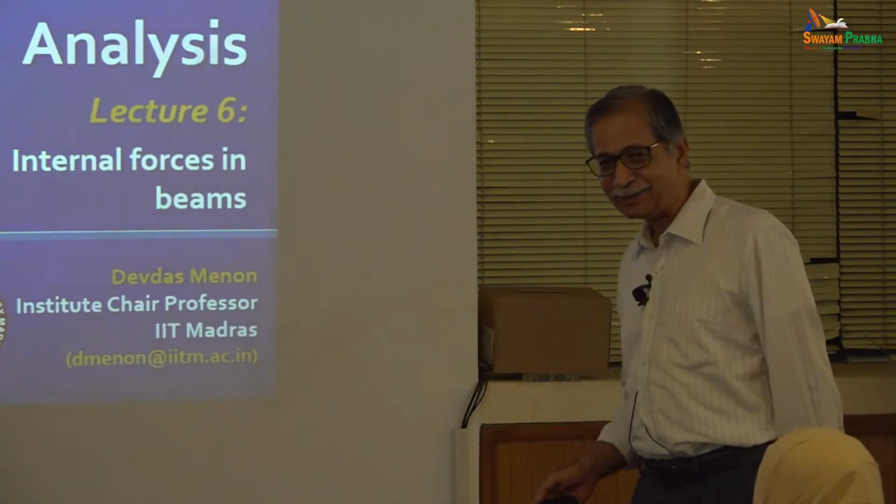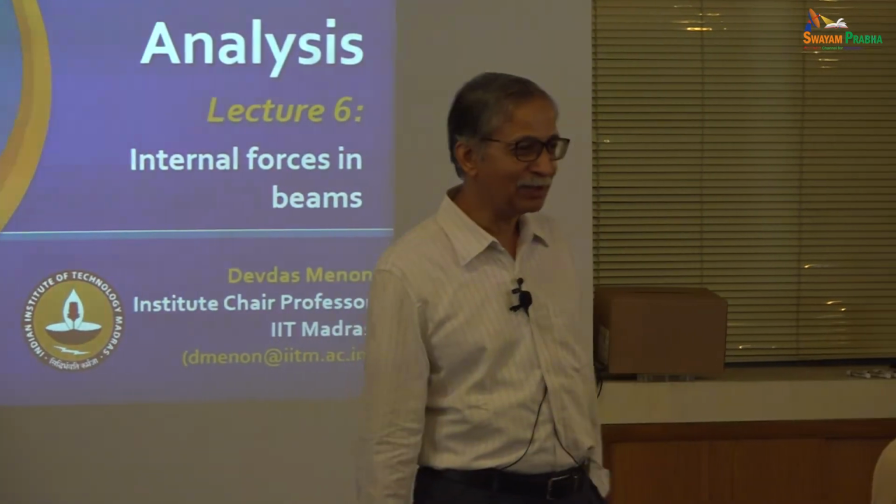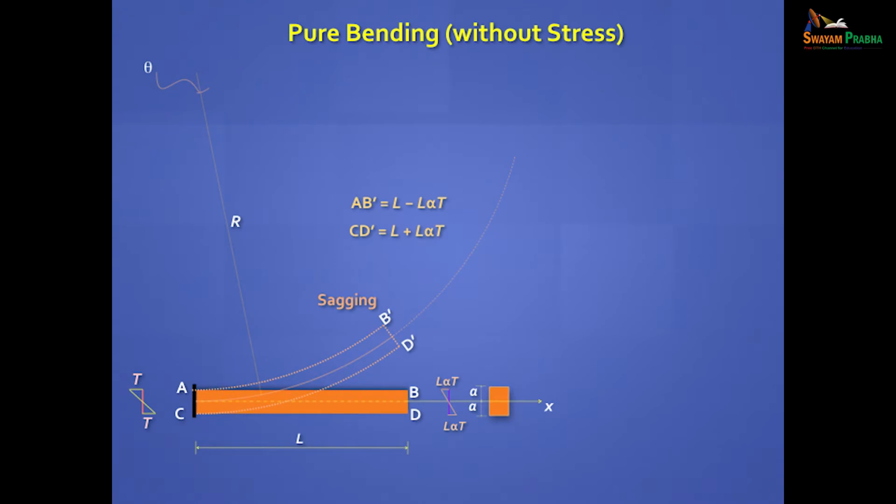Remember, we asked a question at the end of the last class, and I hope some of you worked on it. Do you have the answer to this question? We said we'll first take a case of pure bending, but not the pure bending induced by an externally applied moment. This is bending which is happening naturally. How? Through a temperature change.